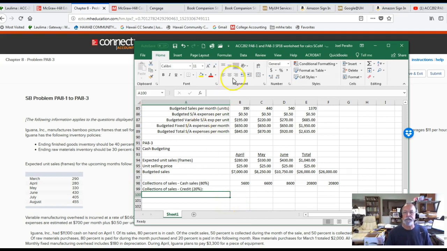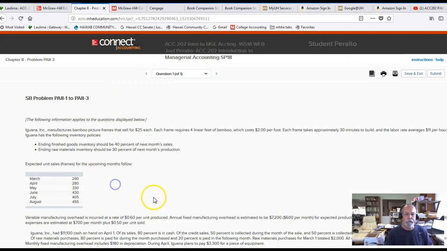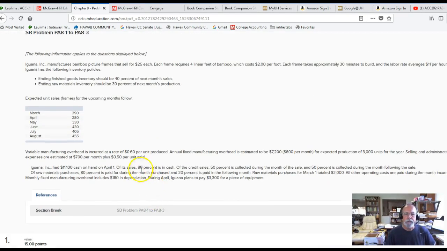Let's get that again. Okay, of its sales, 80% are cash. Of the credit sales, 50% is collected during the month of the sale, and 50% is collected during the month following the sale.